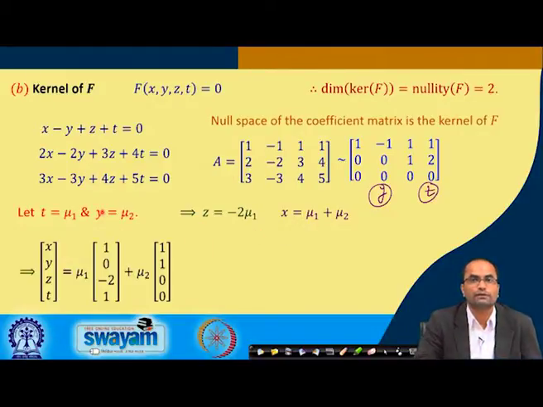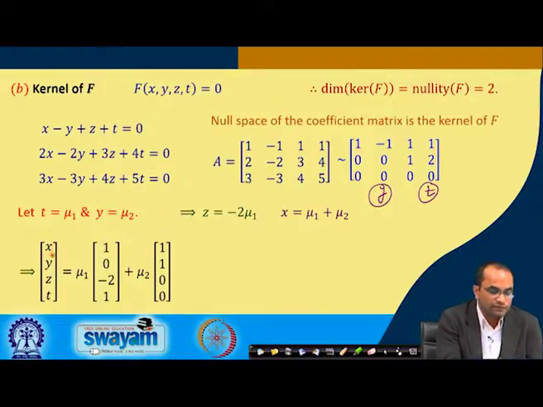We can write this in vector form: x, y, z, t equals mu 1 times a vector whose coefficients are 1 for x, 0 for y, minus 2 for z, and 1 for t.